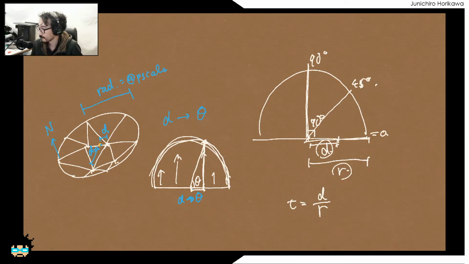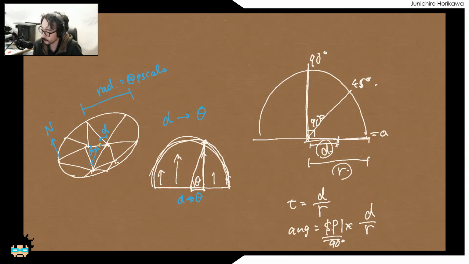So to do that, I could create an angle which is equal to pi, which is 90 degrees, multiplied by d over r, which is, in this case, if d is equal to 0, then pi is also equal to 0.